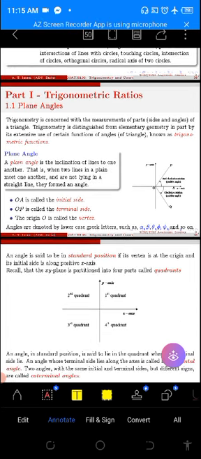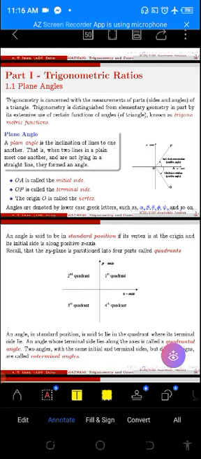Part 1. To start with the lecture, we are going to start with trigonometric ratios. And in the trigonometric ratios, which is part 1, we are going to cover plane angles. An angle is just a point where two lines meet.